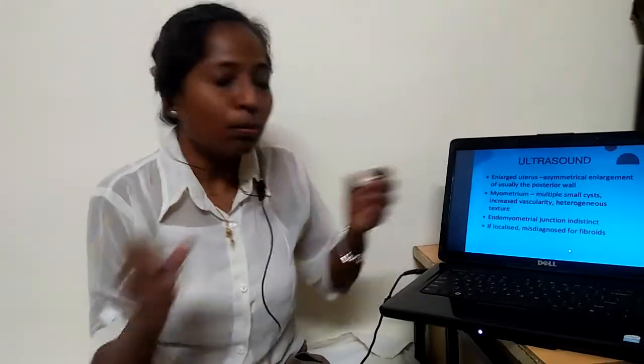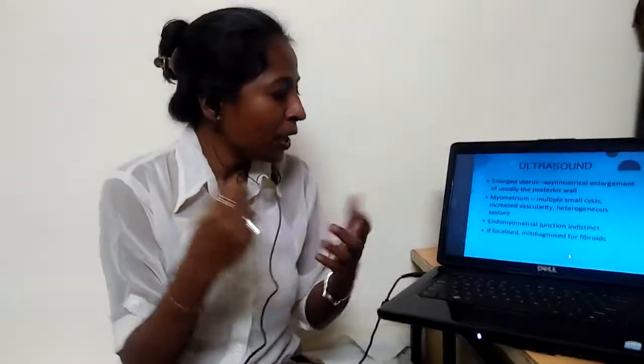In the myometrium, multiple cysts are seen, increased vascularity, heterogeneous texture, and indistinct endometrial junction. If localized, it may be misdiagnosed as fibroid, but it is actually adenomyosis. That may be the presentation.